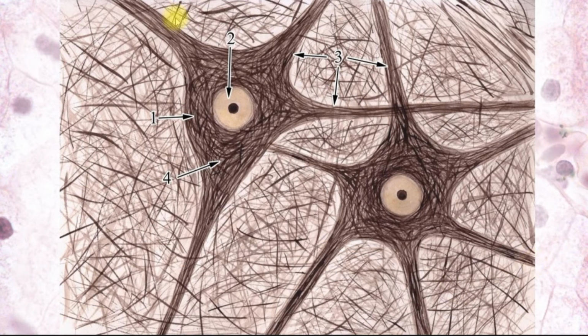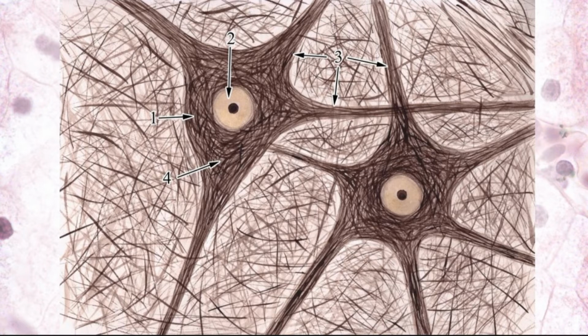So here we can see a picture which shows us the inner structure of neurons. They have special organelles, and they have general organelles. General organelles are present in all cells, and also neurons have special organelles. Those special organelles are called neurofibrils. Neurofibrils are some kind of cytoskeleton of nerve cells.